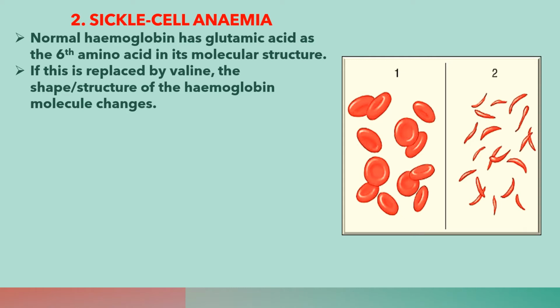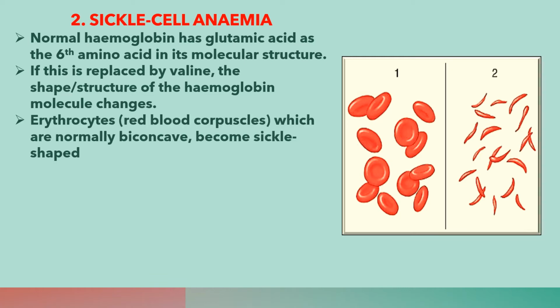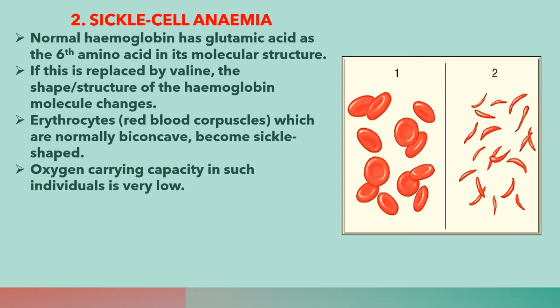And when we have the disease, we get the second type of figure where the blood cells turn into sickle shapes. Erythrocytes, which are normally biconcave, become sickle shaped. And because they become so thin, their oxygen carrying capacity is very low. They don't carry much oxygen because now they become very thin.